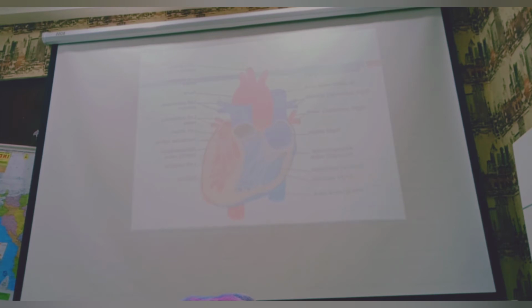Have some patience. So this would be my sinoatrial node, the SA node, and here would be my atrioventricular node or my AV node. Okay? Here would be that bundle of His and the Purkinje fibers. Okay, everybody? So now let's do it.